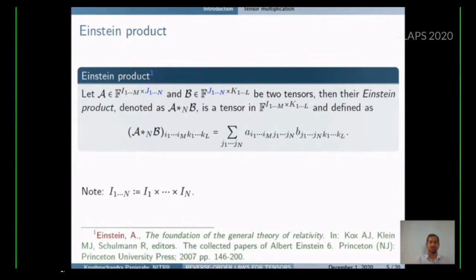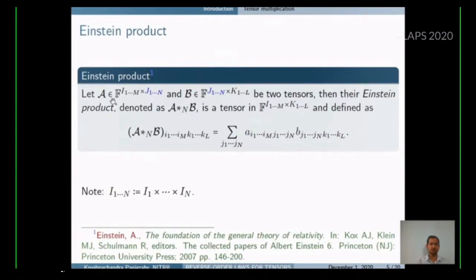But whenever we generalize this product rule, we need to keep in mind that if it reduces to a second order tensor, then it must coincide with the rule of matrix multiplication, because a second order tensor is nothing but a matrix. So in this research work, we are using the Einstein product. Let's see how the Einstein product is defined.